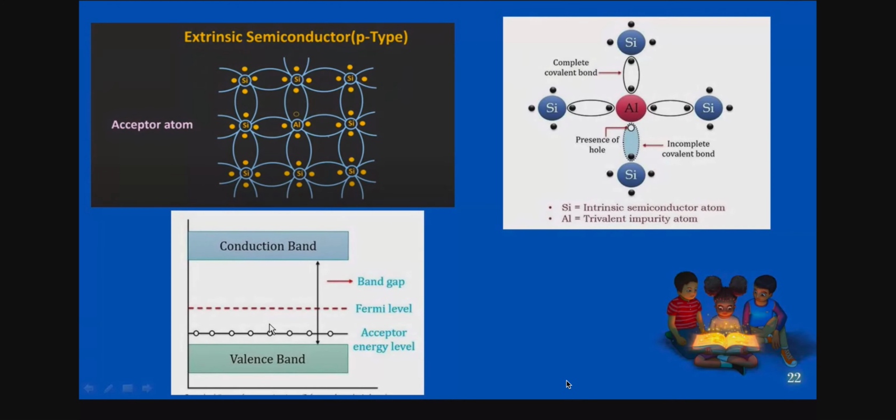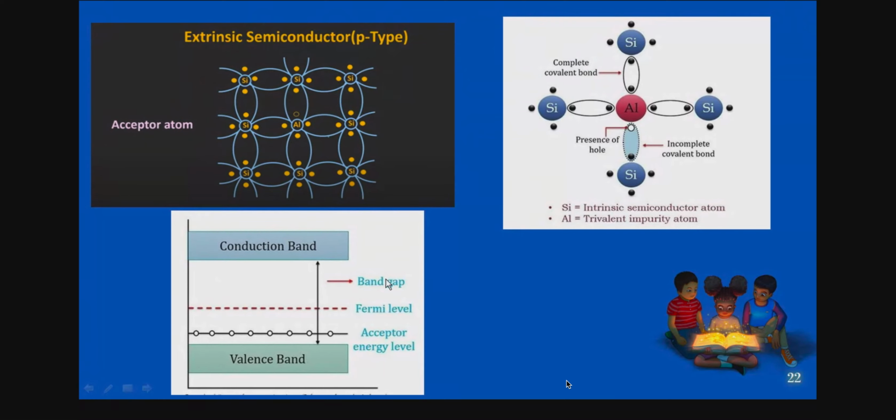Then negatively charged, immobile atoms are present here. Why? Because when the hole goes from here to the conduction band, it creates negative immobile atoms, since you have acceptor atoms, isn't it?